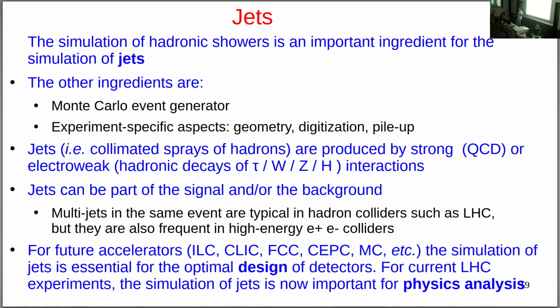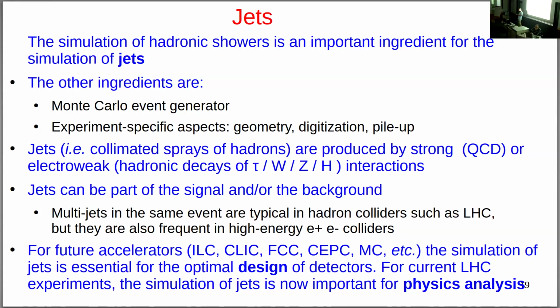Of course, for the simulation of jets other things are also important, like the Monte Carlo event generator and experiment-specific aspects like geometry, digitization, pile-up, and so on. But it's extremely important to have a proper simulation of jets because they appear essentially in all the physics analyses here at CERN, either for signal or background.